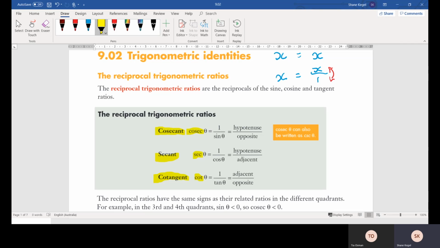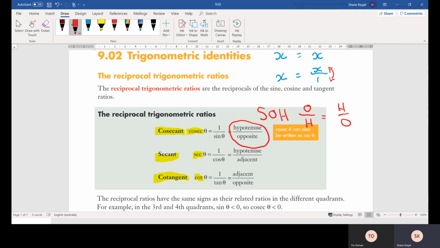As we see here, sine is usually opposite over hypotenuse in SOHCAHTOA, but because we're doing the reciprocal, we actually get H over O, hypotenuse over opposite. So if you're finding the cosec of an angle, you're finding the inverse of the sine ratio.